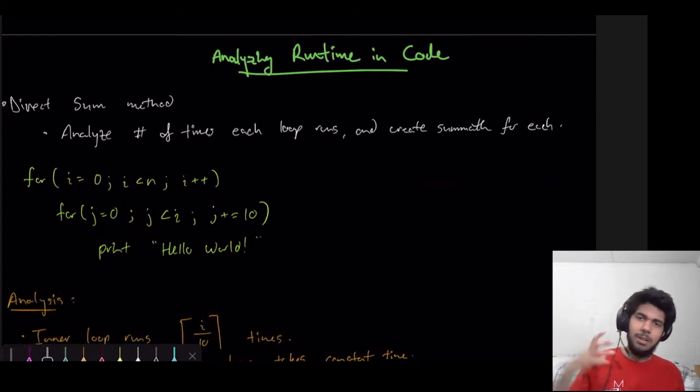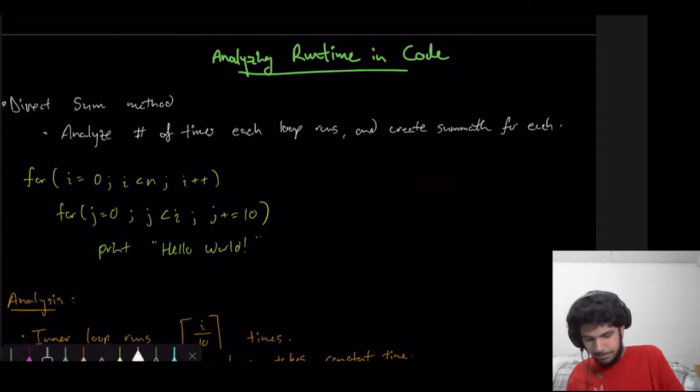Most of the time, many lines just take constant time, whether that be a print statement or a variable assignment. Like if I have int a equals 1, that's a constant time statement.